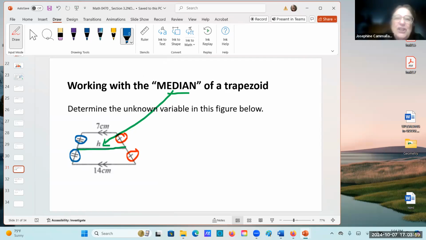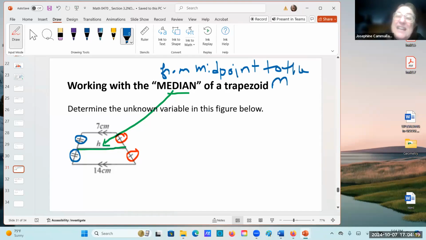That H, the median, goes from the midpoint of one side to the midpoint of the other side.